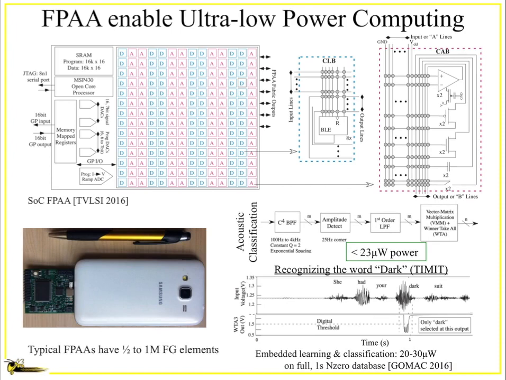Now, when we talk about field programmable analog arrays, there's a long history of this, but particularly we're talking about a structure for these large-scale field programmable analog arrays. These have been used in a number of places and in a number of embedded structures, for looking at acoustic classification, and a whole range of acoustic classification structures, talking about embedded learning and classification at microwatt power levels.